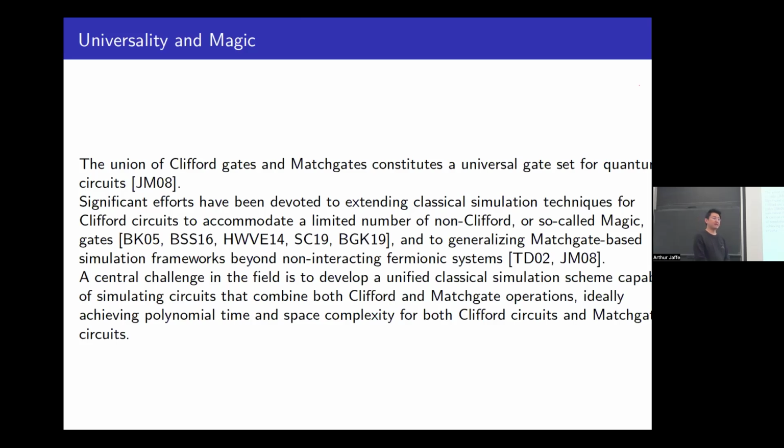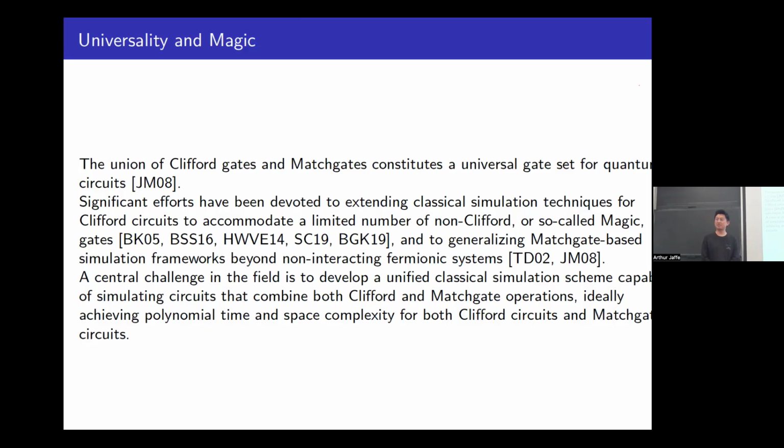But the previous algorithms for Clifford and matchgates are quite different. Clifford is based on symplectic transformation, and matchgate is based on this Pfaffian calculation. They come from quite different areas and for quite different physics motivations. And it's hard to combine both. So even though they give the universal gate set, it's hard to know how to find a better algorithm for both.